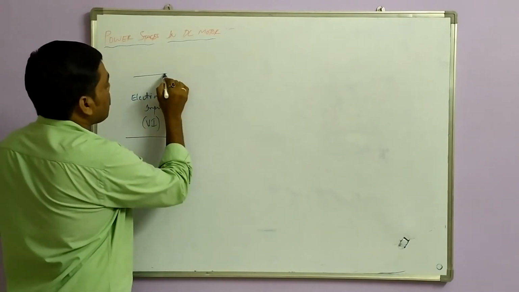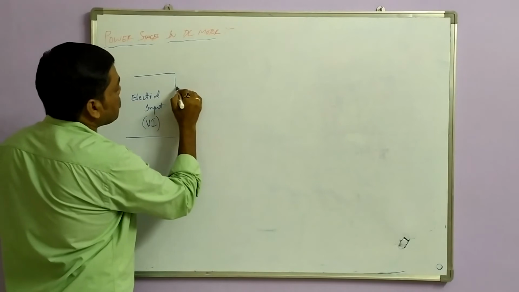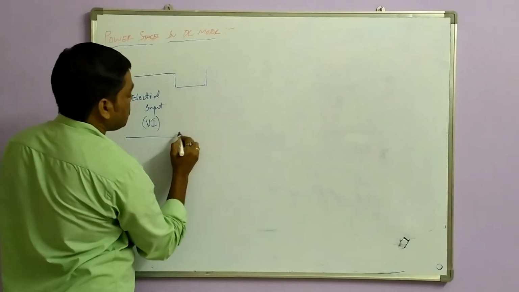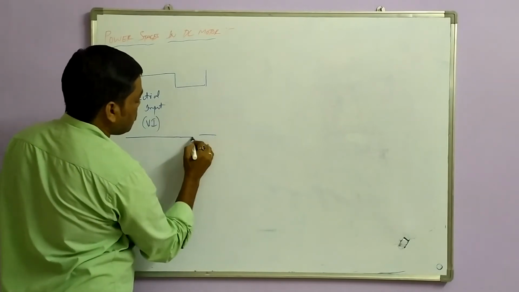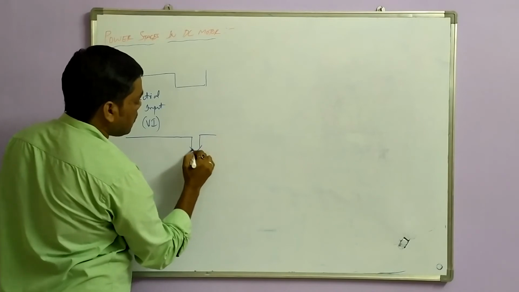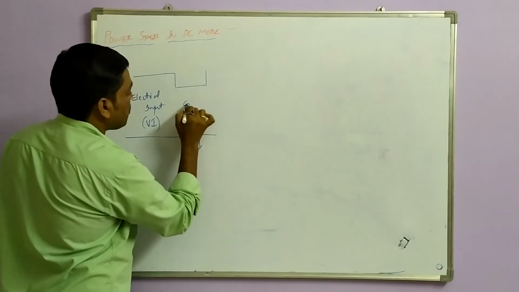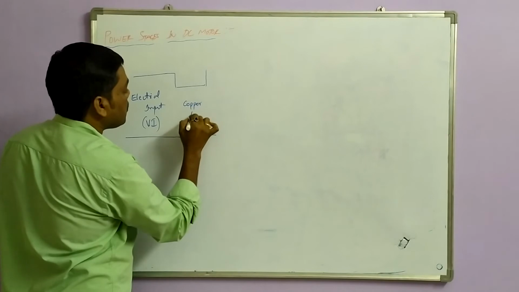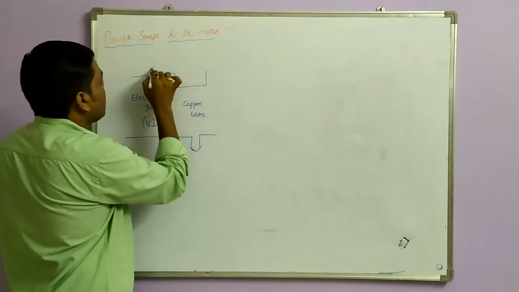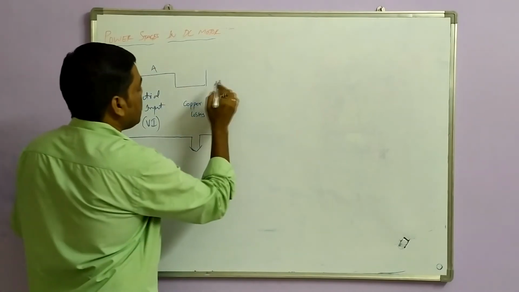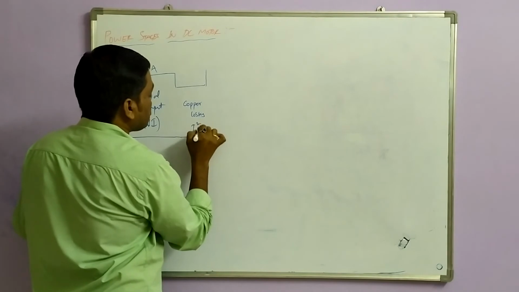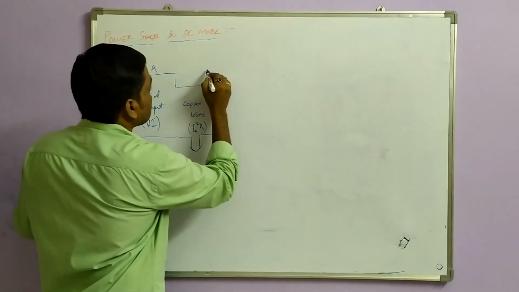Okay. Now from this stage it is entering into the second stage, where there are losses, so you can call it copper losses, and it is denoted by Ia squared Ra losses.